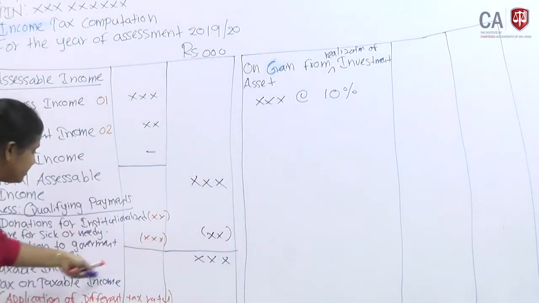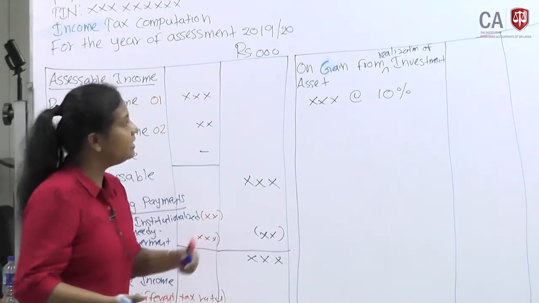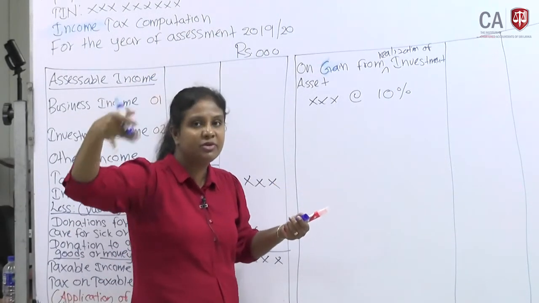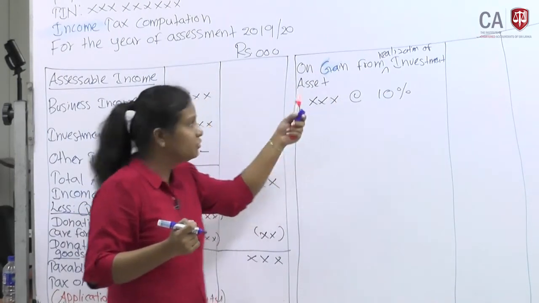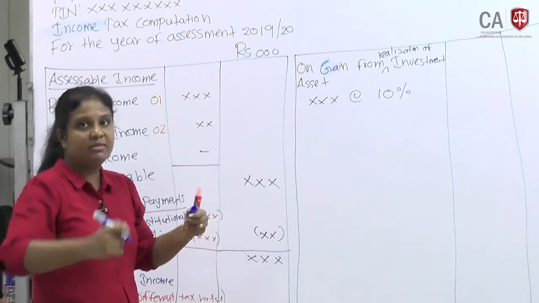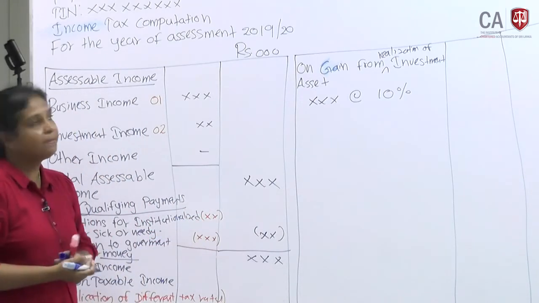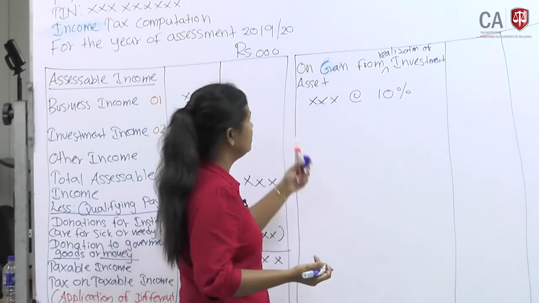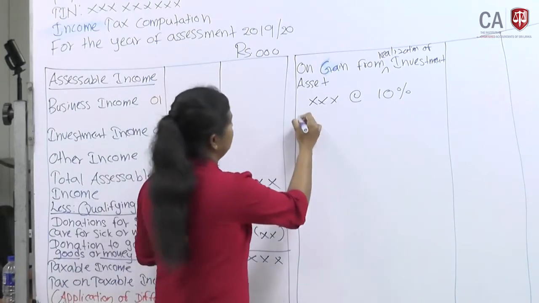You cannot take the entire taxable income and apply a flat rate if there are different sources taxed under different tax rates. Therefore, it is really important for you to understand the particular types of taxable income. Then here, 10% on the gains from realization of investment asset.